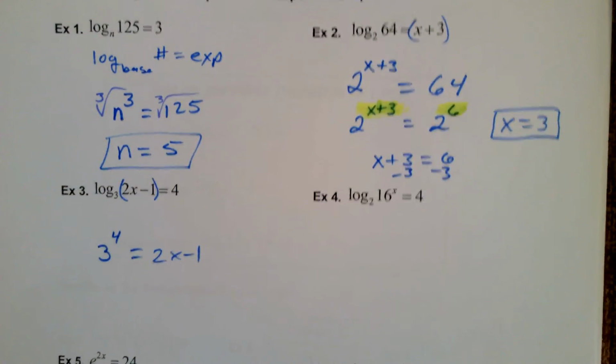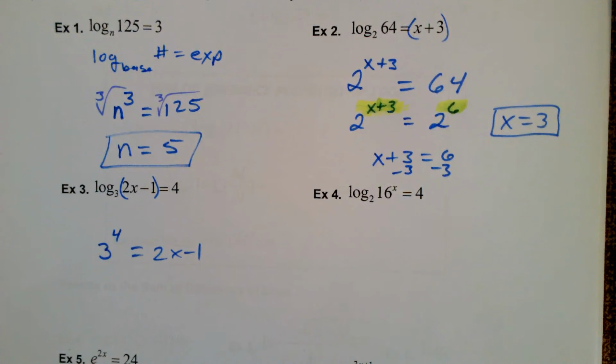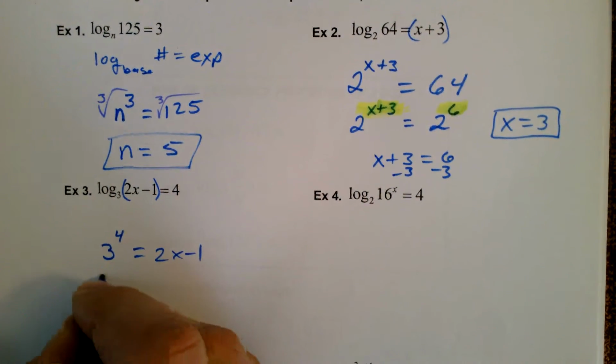And now I've got to solve this guy. How do you solve this thing? Any ideas? How do I solve 3 to the 4th equals 2x minus 1? What do you guys think? Do 3 to the 4th, make that 81. Yeah.